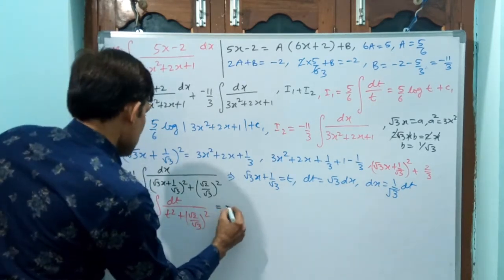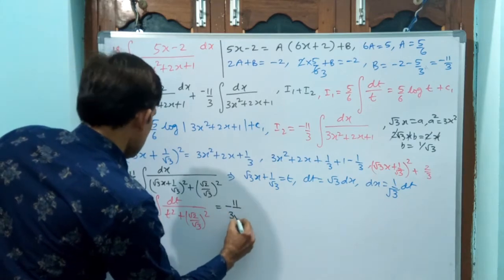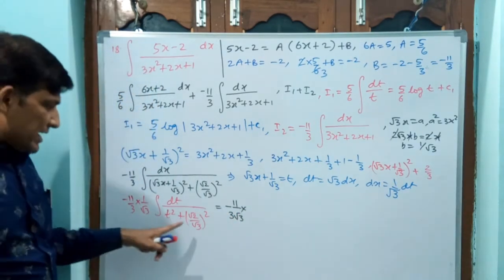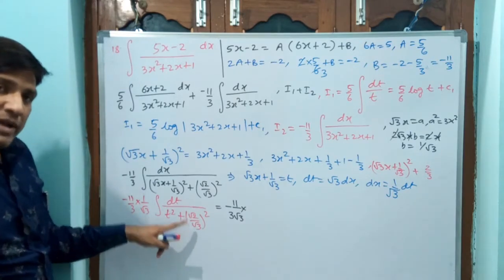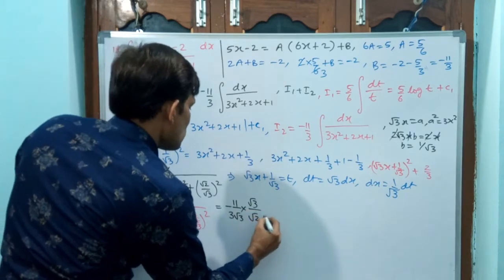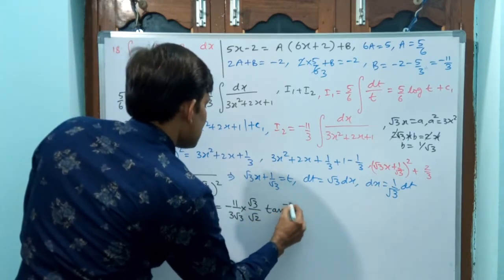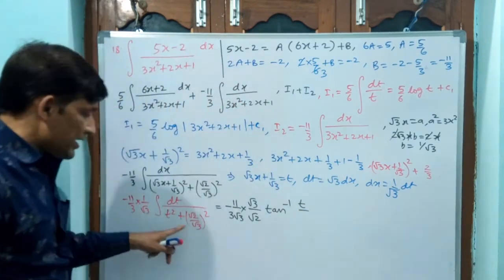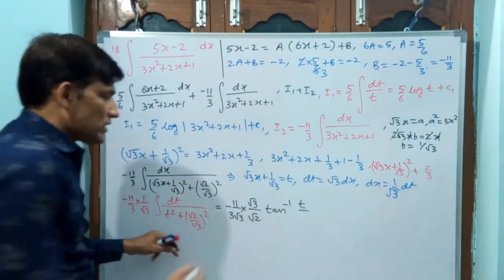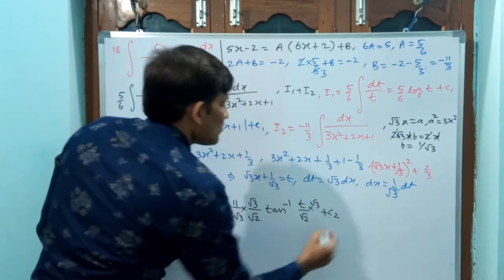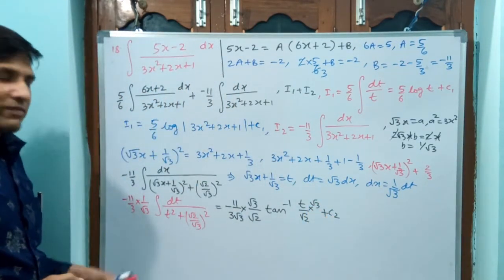That is equal to minus 11 by 3 root 3 into 1 by a. 1 by a means root 3 by root 2. Root 3 by root 2 tan inverse t by a. By a means divided by a means root 3 in denominator and root 2 in numerator, plus c2. Is it okay? Definitely okay.